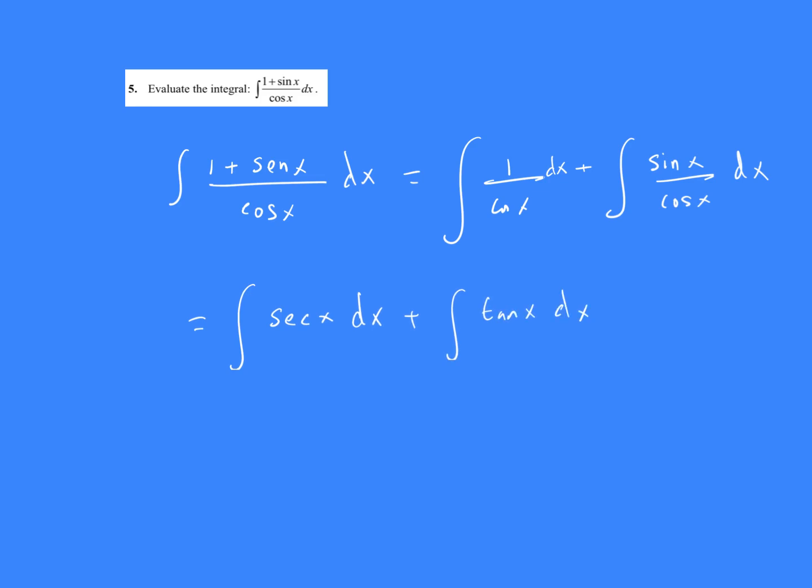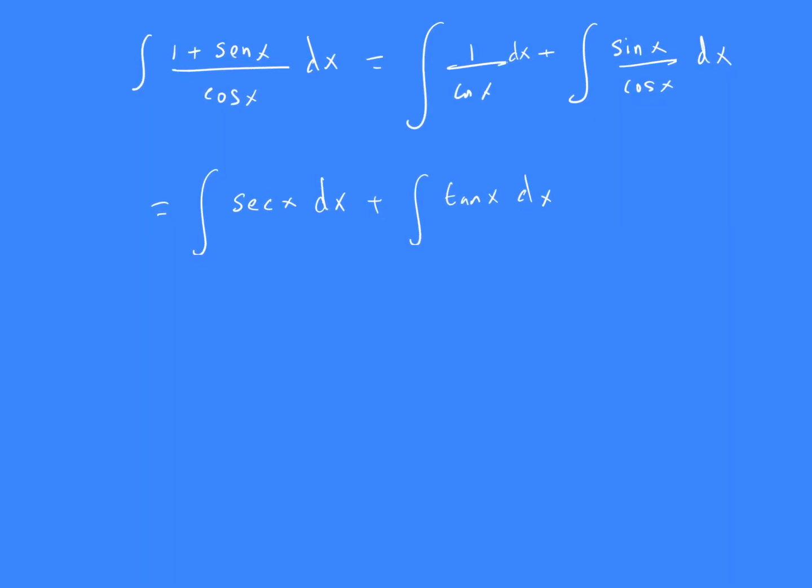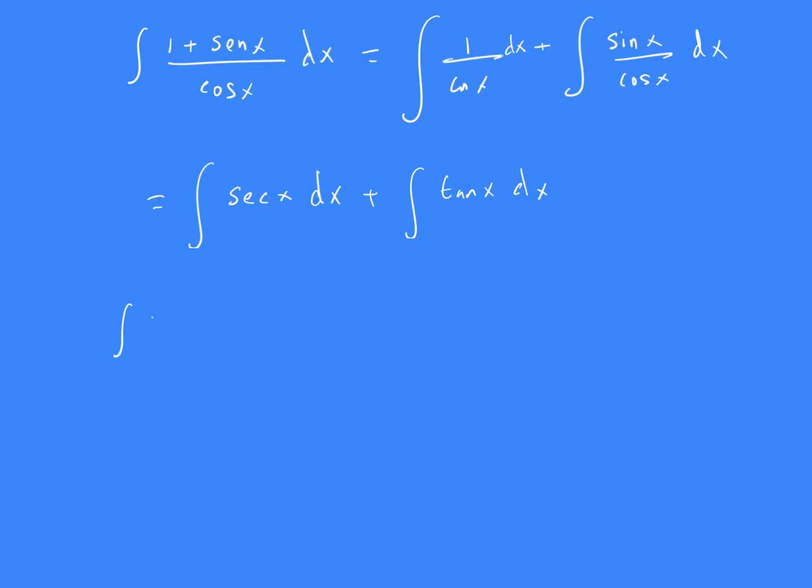Now we have to find the antiderivative of secant x. And to find the antiderivative of secant x, there is a trick. And this is the trick. The integral of secant x dx is equal to the integral of secant x multiplied by secant x plus tan x divided by secant x plus tan x.